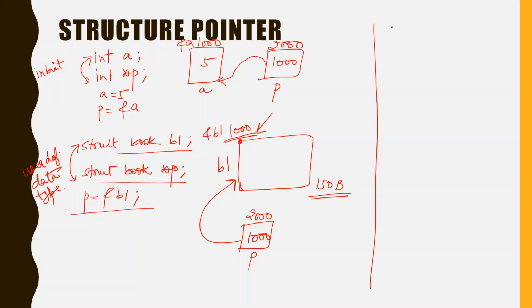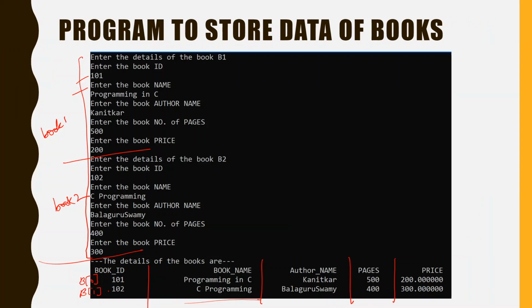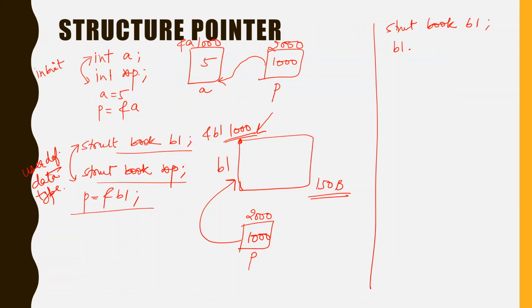By using the normal variable, struct book b1, we access the various elements. Suppose we access the book id, so we use b1 dot book id. The dot operator is used to access a particular member variable from the structure variable. So this is a normal structure variable.